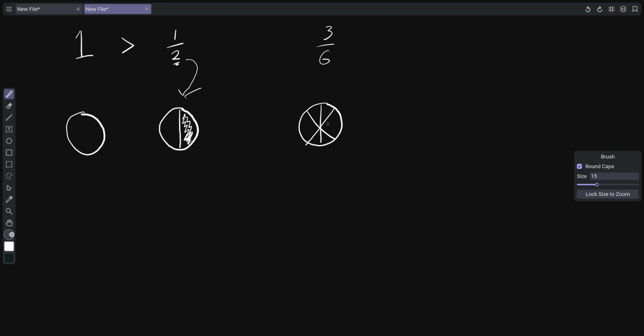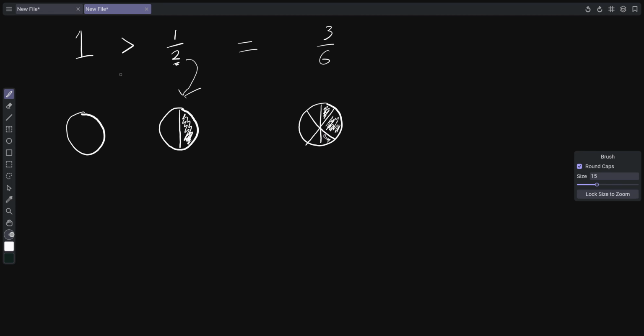And these slices aren't exactly equal because of how I drew them, but hopefully you can understand. And then if we took out 3 of these slices, we would essentially be left with half of a circle. So 1/2 is actually equal to 3/6.